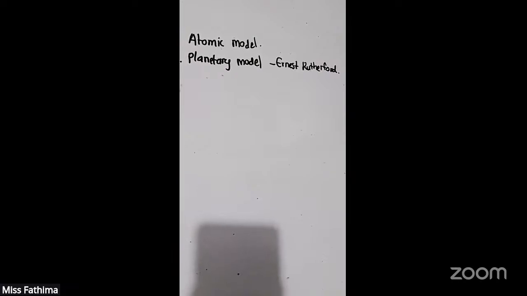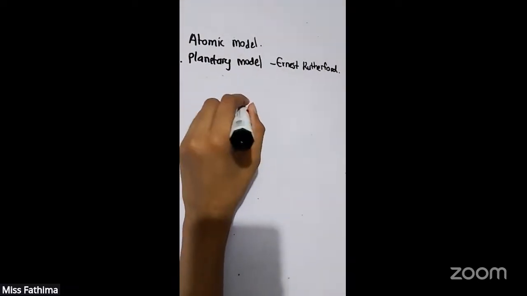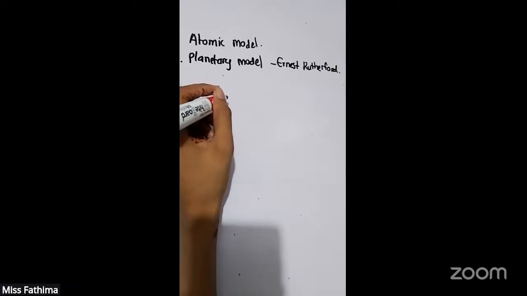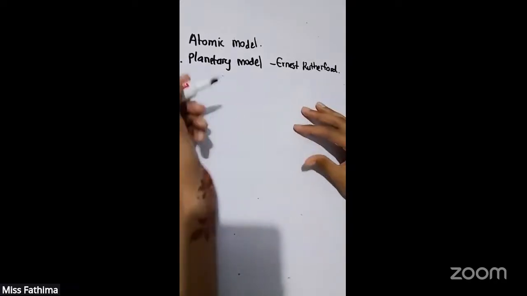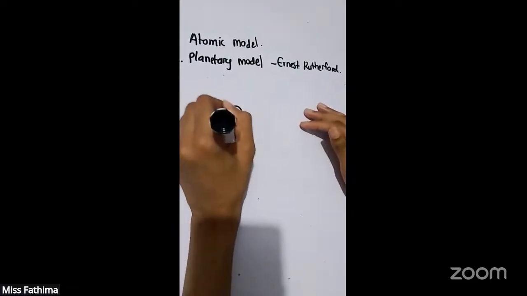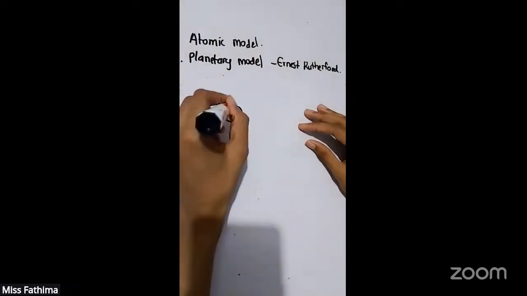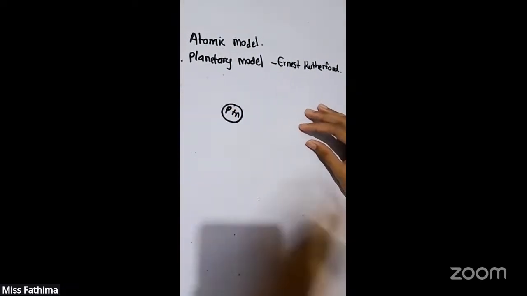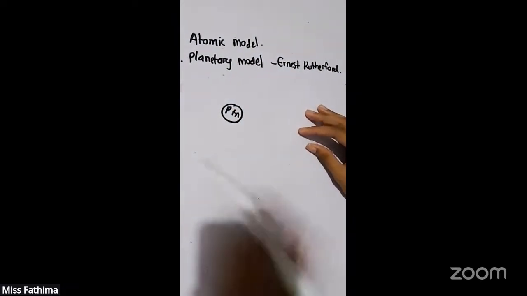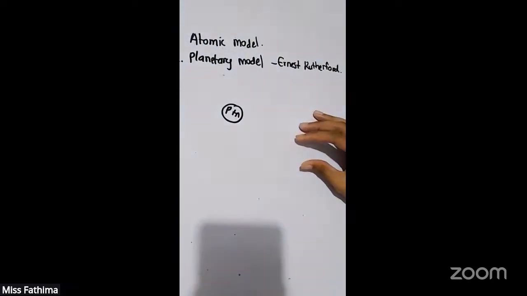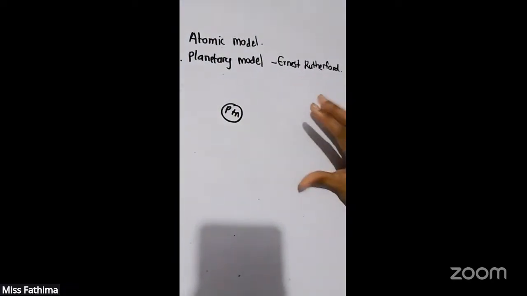Now, as the solar system works, as you know that in a solar system, in the center you find the sun. So similarly, what did he do? He took a sun, saying that it is a nucleus where protons and neutrons are accumulated. That center you call the nucleus. Then what did he tell?